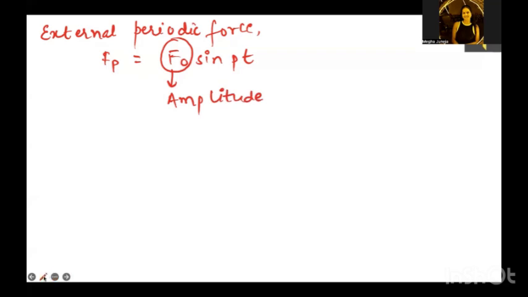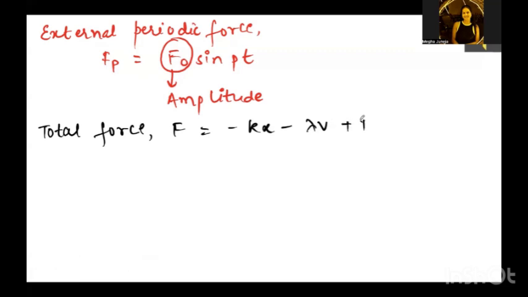If we have to tell about the total force, what is it going to be? The total force F will be equivalent to minus kx minus lambda v plus F naught sine pt.